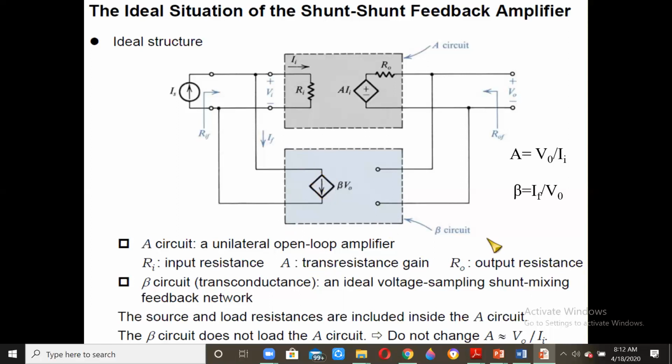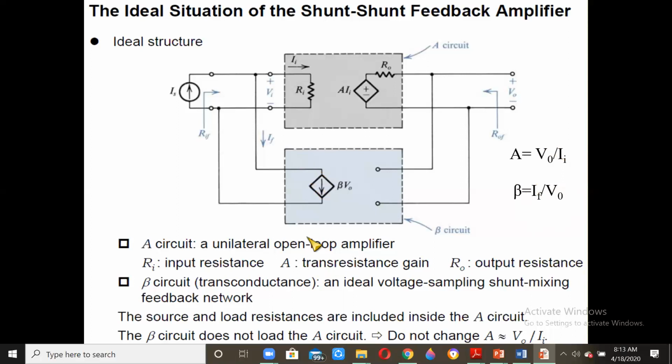So A is a trans resistance gain, which is V naught by II. This will be the unit which is resistance. And beta is IF by V naught, which is the trans conductance correspondingly, as it is output by input. Then all the other things are the same.